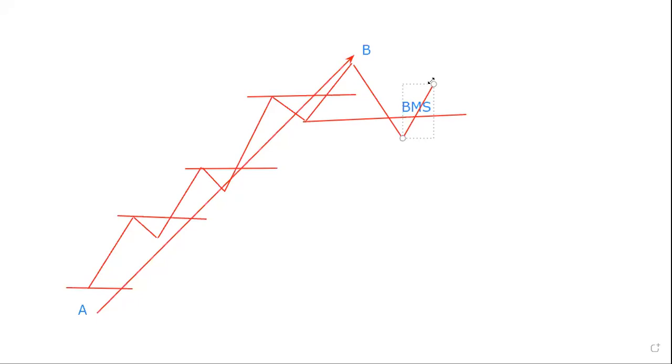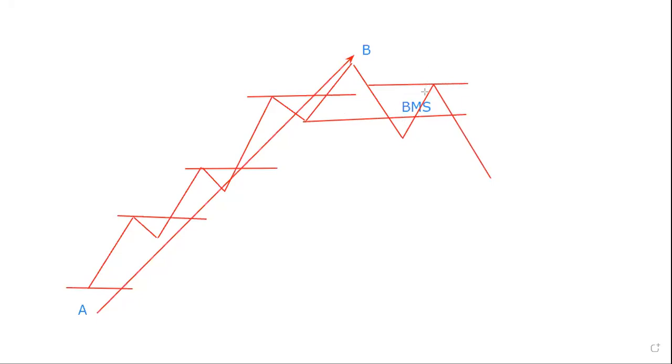So if the market decides to reverse from this point downward, then we now know that the market has changed bias, and the bias now is a downtrend. At this point, we call here a break in market structure.